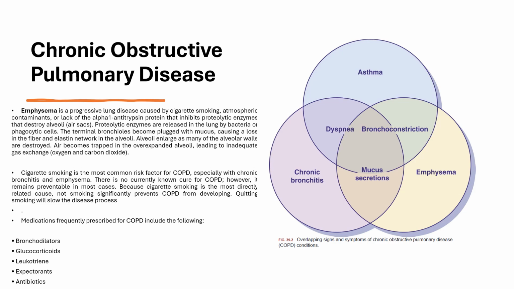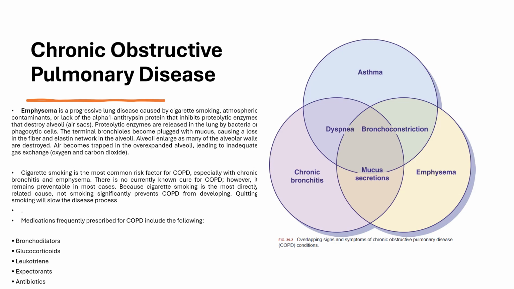Now you have emphysema. Chronic inflammation reduces the flexibility of the walls of alveoli, resulting in overdistension of the alveolar walls. This causes air to be trapped in the lungs, impeding gas exchange.